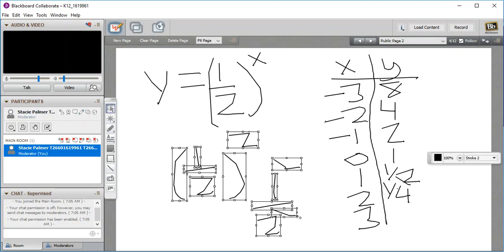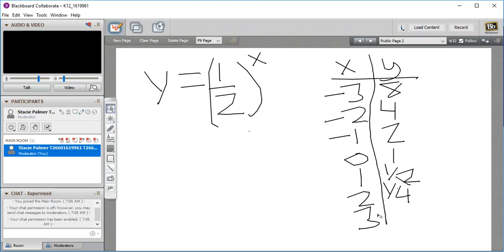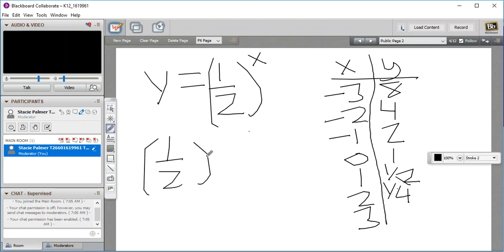And then let's go ahead and do the last one. When we let the x be 3, 1/2 raised to the 3rd power, this 3 has to get distributed to both the top and the bottom. So 1 to the 3rd power is 1, 2 to the 3rd power is 8.